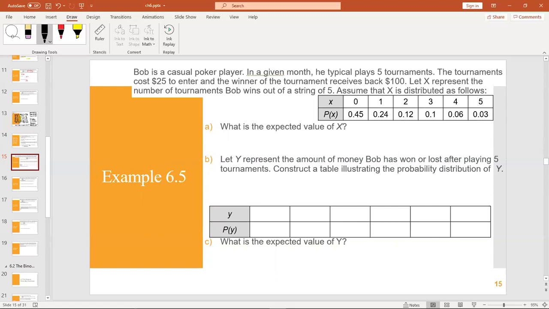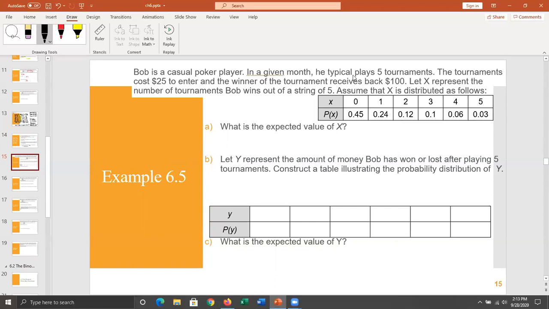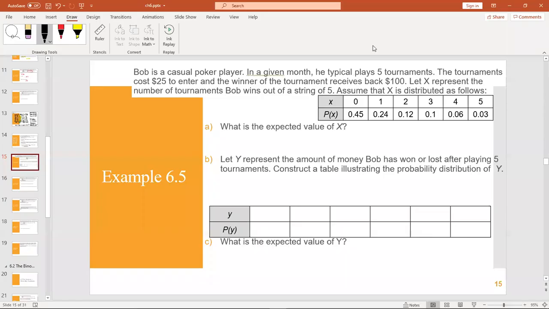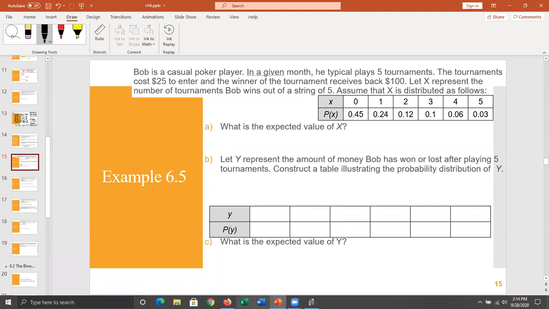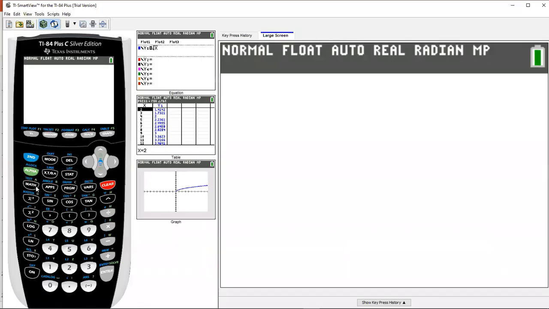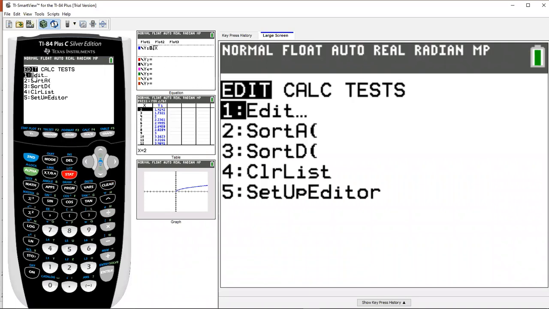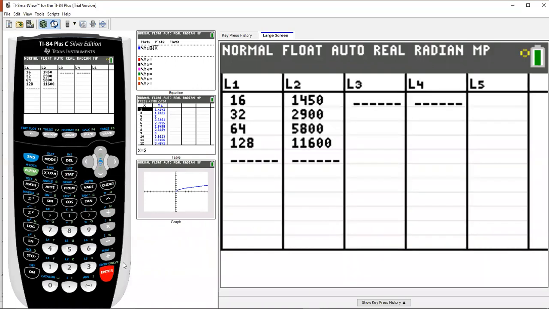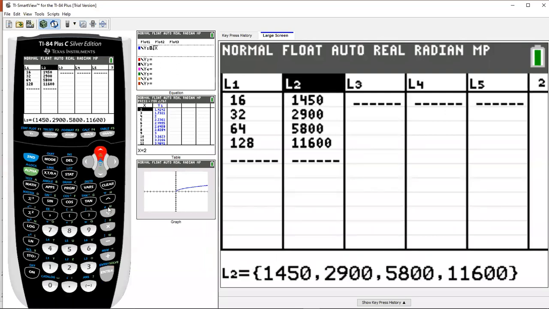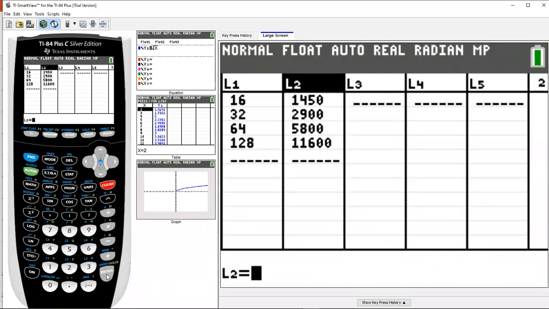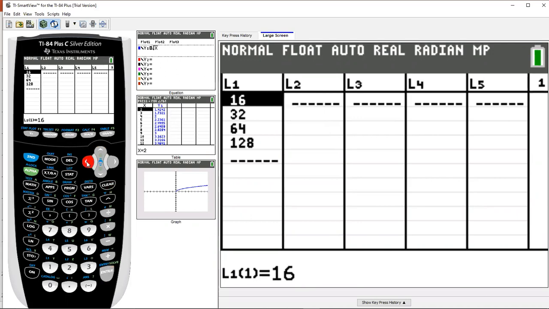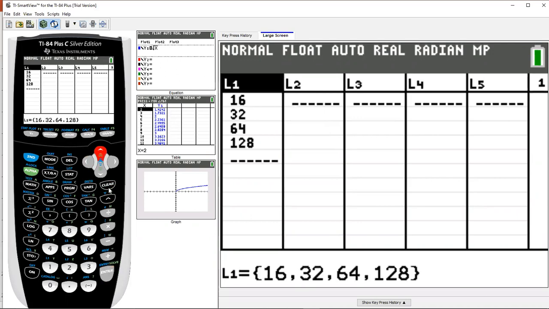All right, so here's what we're going to do. Let's fire up the calculator here. In list 1, we're going to do 0, 1, 2, 3, 4, 5. So get your calculator fired up here. Go to Stat, choose Edit, arrow up to the top, and do Clear Enter to clear out any stuff that's already in there.